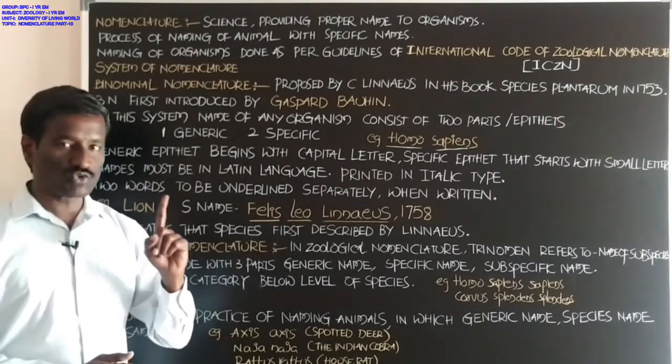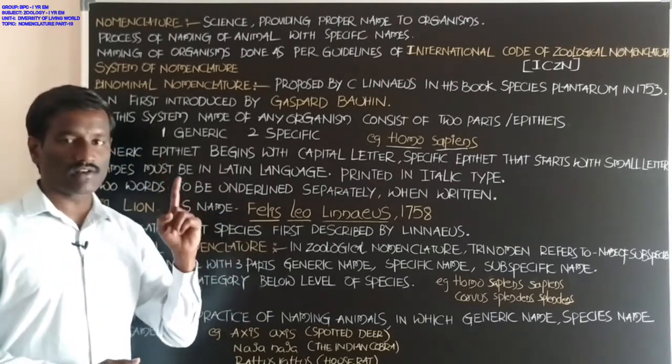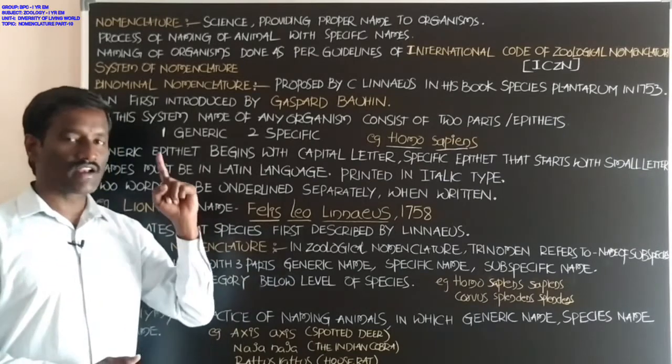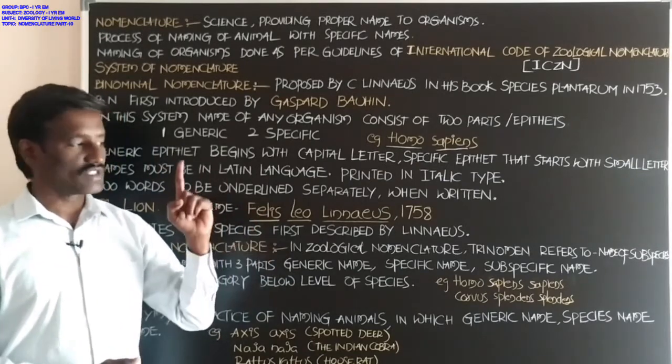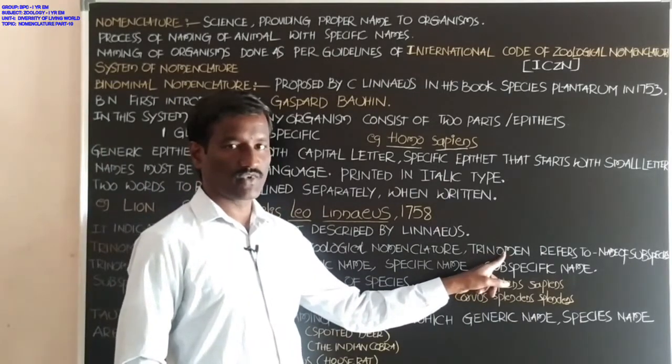The first word refers to the generic name, the second to the specific epithet, and the third to the subspecies. Hence it is called trinomial.